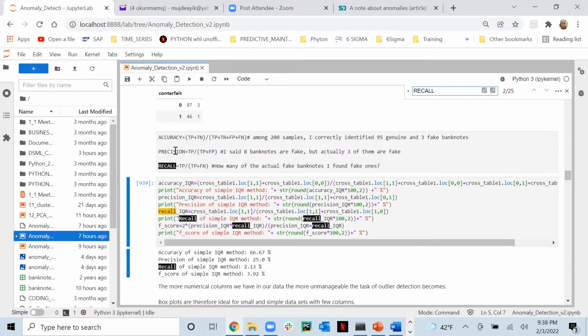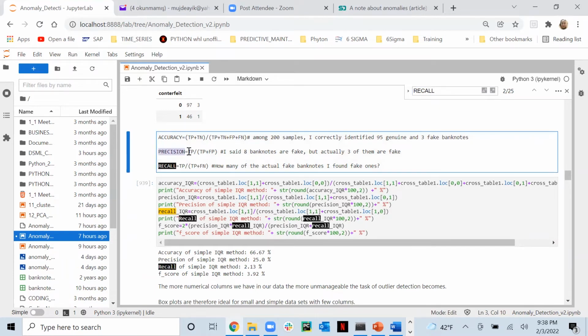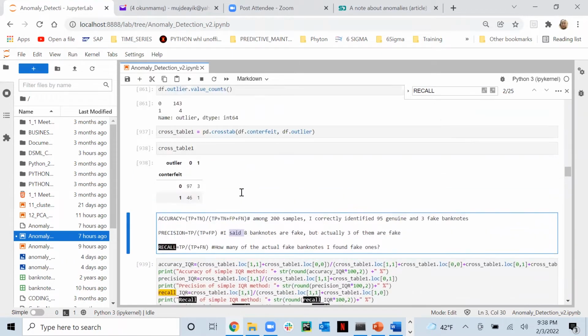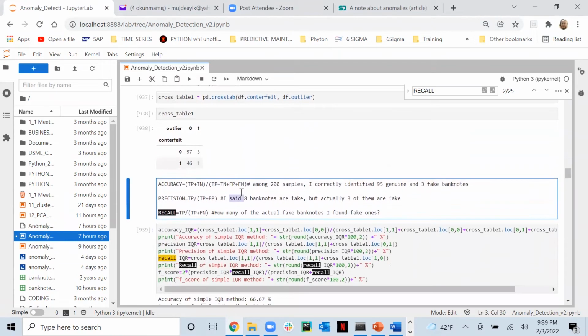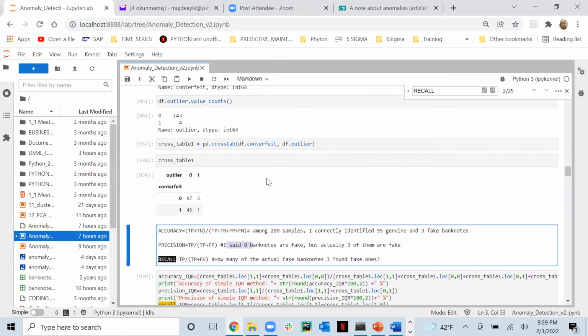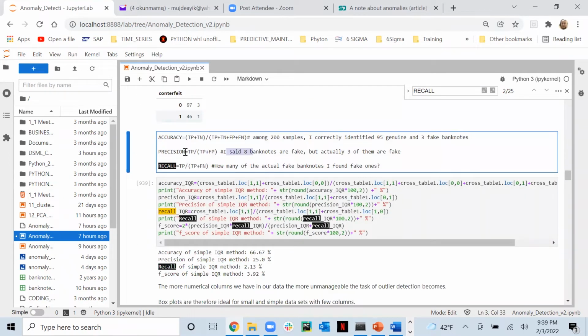For example, precision is my true positives over true positives plus false positives. Here, in the IQR method, I think, is it the IQR method? I don't remember. I think I put a wrong one in here.